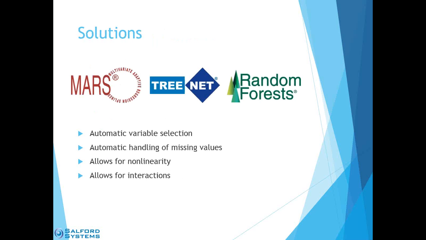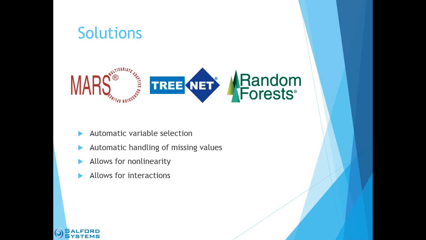So these are our 3 solutions, Mars, TreeNet, and Random Forest. And these 3 address all of the issues from the previous page. It does automatic variable selection, automatic missing value handling. It allows for nonlinearities and interactions. And just because I say this is automatic, it doesn't mean that you have no control over it.